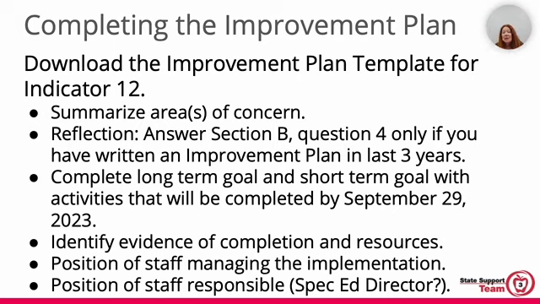Identify the evidence for the completion and the resources needed. The position of the staff managing the implementation is the person whose boots are on the ground doing the work, overseeing the work. The position of the staff responsible may be the special ed director.